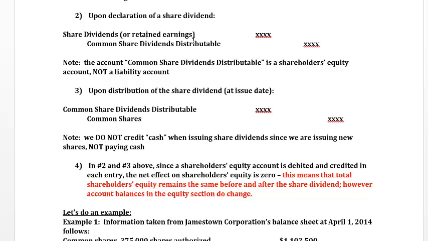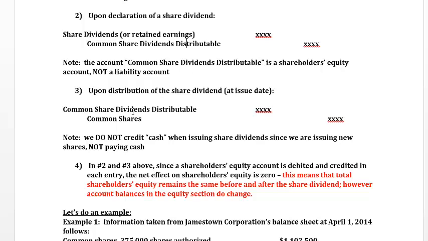Retained earnings is going to go down because we would debit it when we close out the share dividends, and this account, share dividends distributable, would go up because it's credited. So a debit and a credit to shareholders' equity leaves shareholders' equity totally in balance. So there's no net change in your total shareholders' equity.